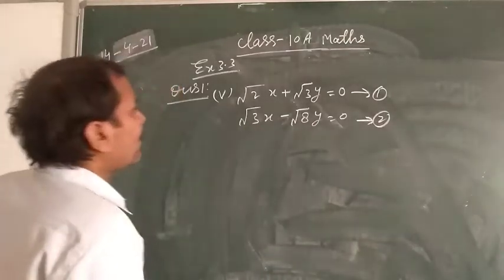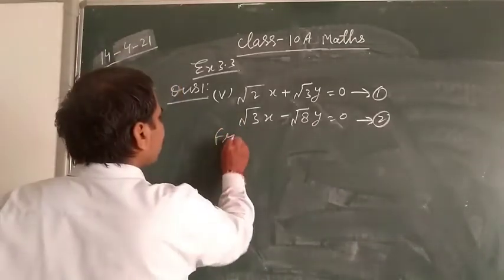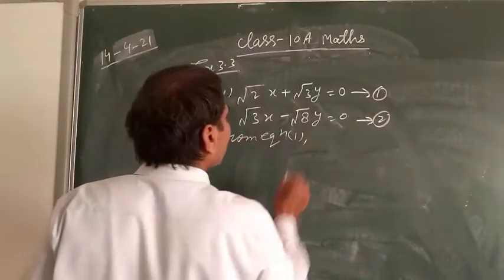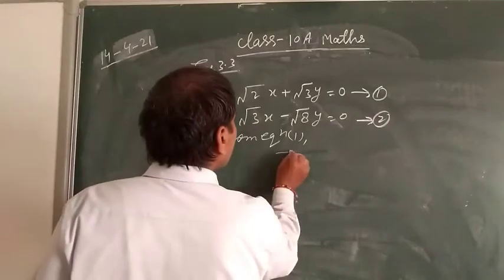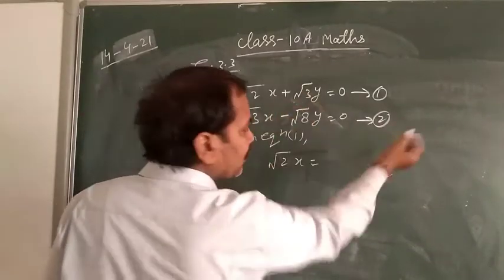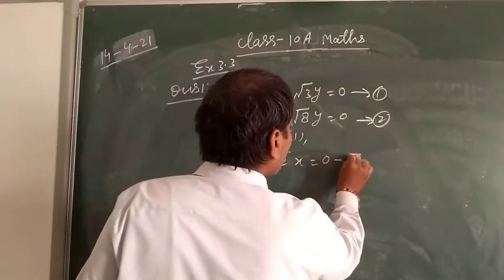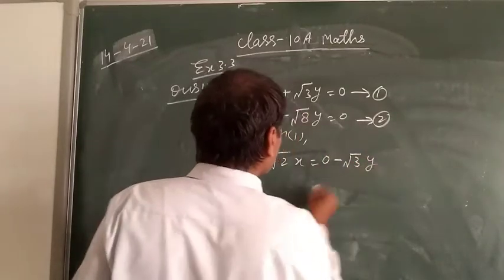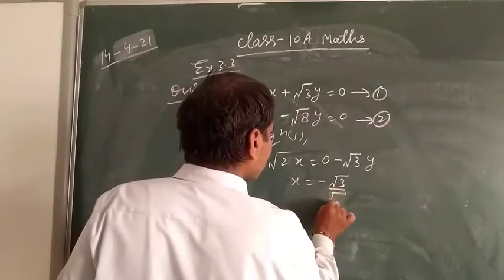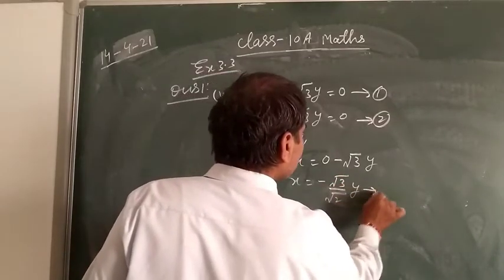Okay. So from equation 1, you find x. So under root 2x, transfer that, so 0 minus under root 2y. So x is equal to this.